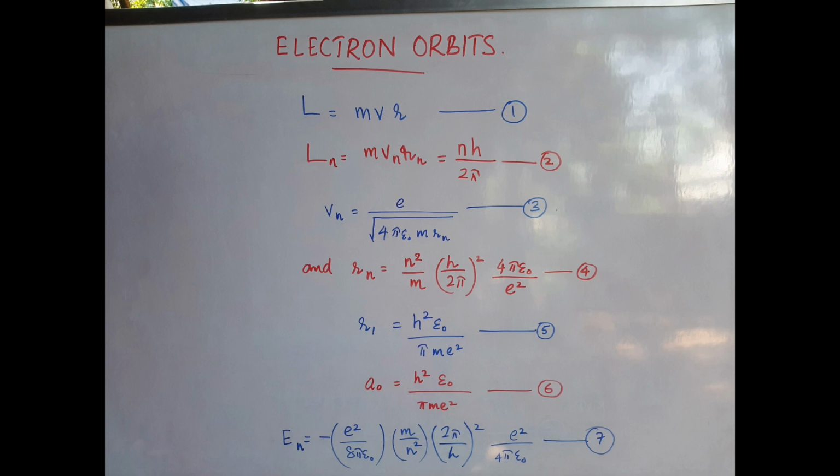From the equation of rn, it can also be seen that the radii of the orbits increase as n².